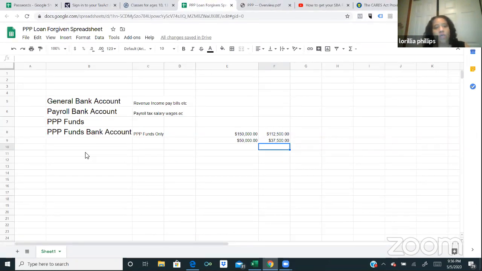So we want to get the loan forgiven. We have created our newly formed PPP funds bank account. Now that we have that account created, we're going to make sure that only PPP funds are being used. This is where we pay our payroll.